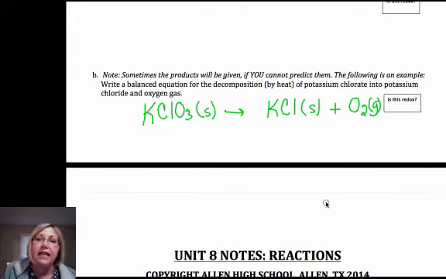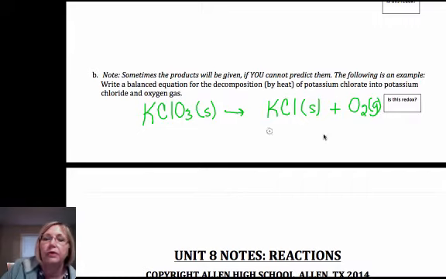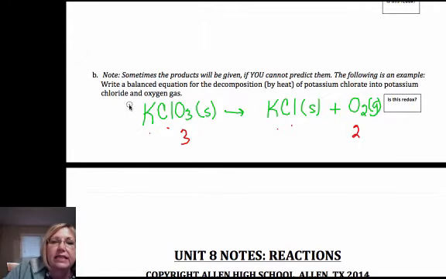Now, let's take a look. We want to balance this, and then we want to see if this one happens to be a redox. I'm going to leave the oxygen for last. Let's say I've got 1 K and 1 K, Cl and Cl. That didn't really help me too much. I have 2 oxygens and 3 oxygens, and so I have to go with the lowest common multiple, and that's 6.